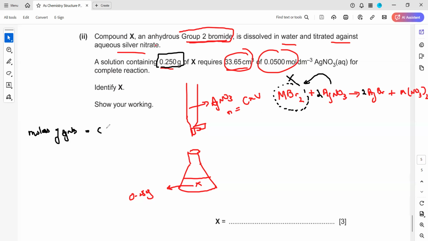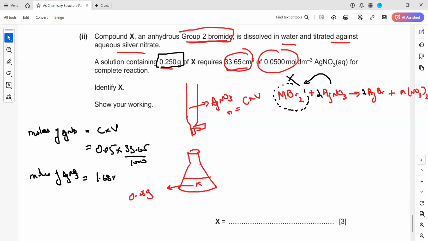Moles equal concentration times volume. The concentration is 0.05 and the volume is 33.65, but that should be in dm³, so divide by 1000. So how many moles of silver nitrate do we get?